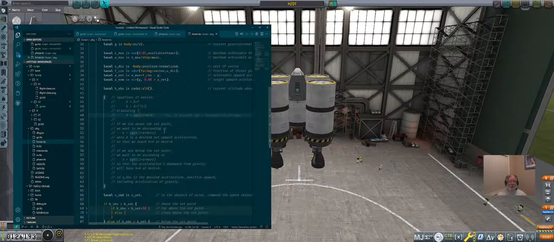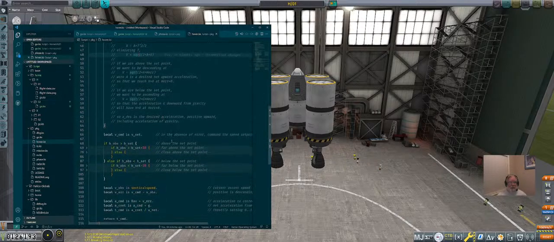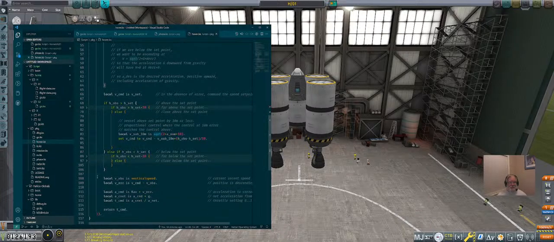So what I did was a modification of a normal controller. If you look down here, when we are close to the set point, I'm basically going to pick an acceleration. So my control term here is basically some constant times my error.